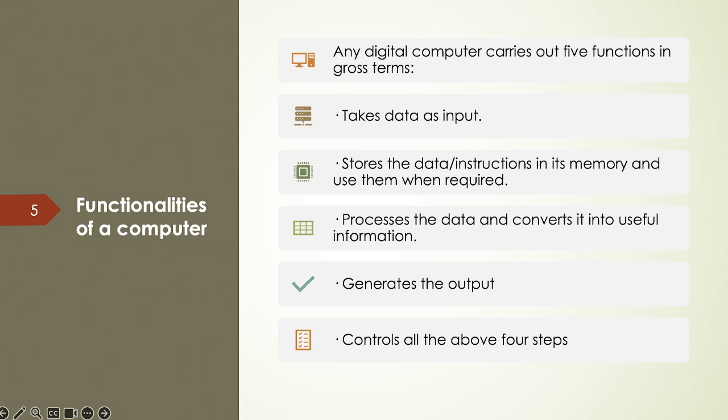So if you don't remember anything about computers, or if you see an electronic device and you're not able to differentiate whether it's just an electronic device or a computer, there are things you should look out for: does it accept input? Does it process it? Does it give output?